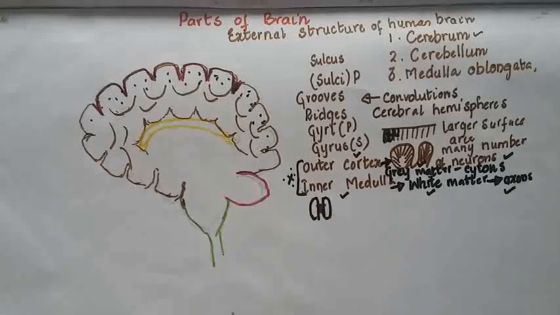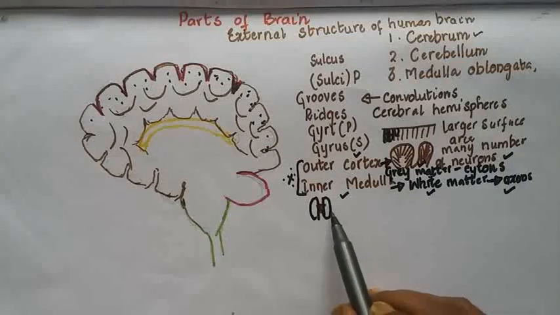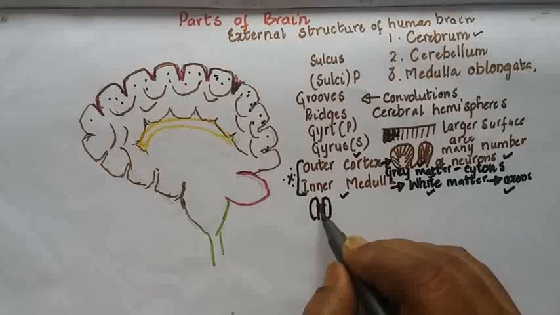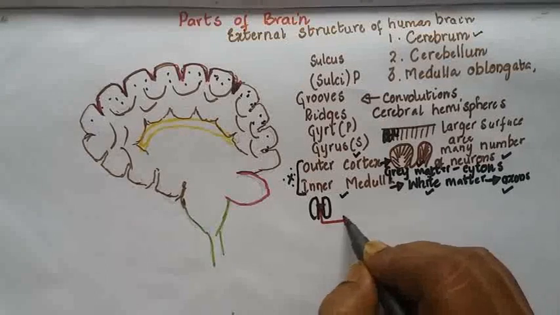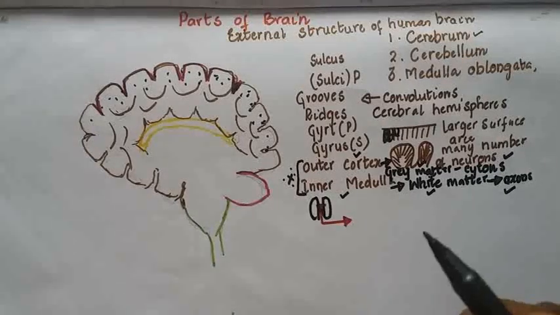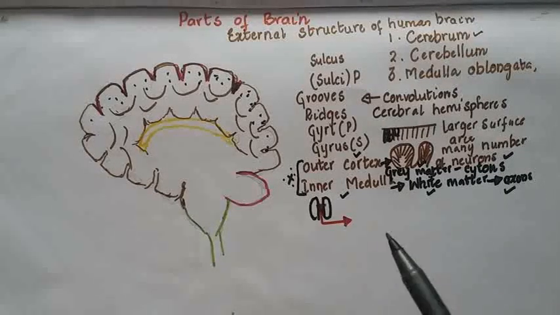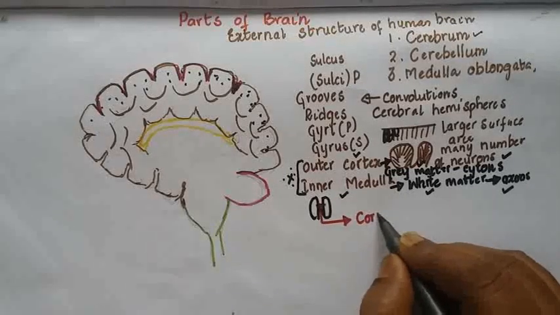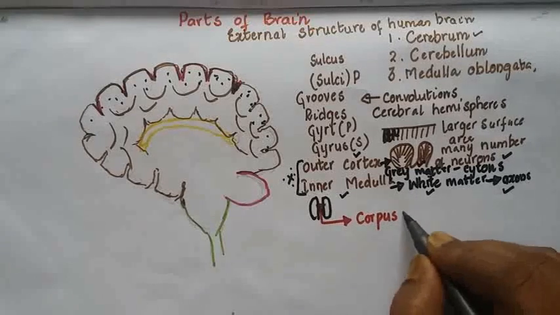So we find a sheet of nerve fibers connecting the right cerebral hemisphere to the left cerebral hemisphere. This sheet of nerve fibers, which connects the right cerebrum to the left cerebrum or vice versa, we call a corpus callosum.